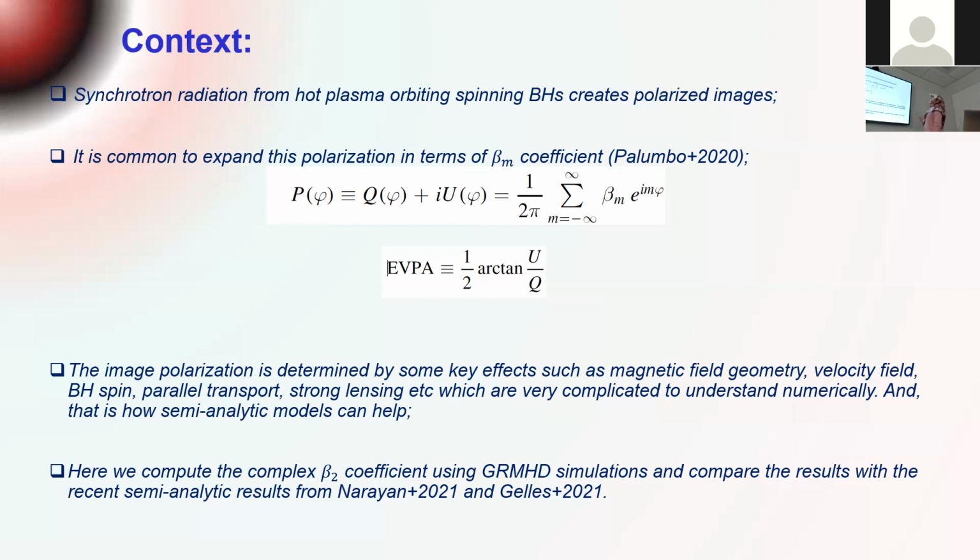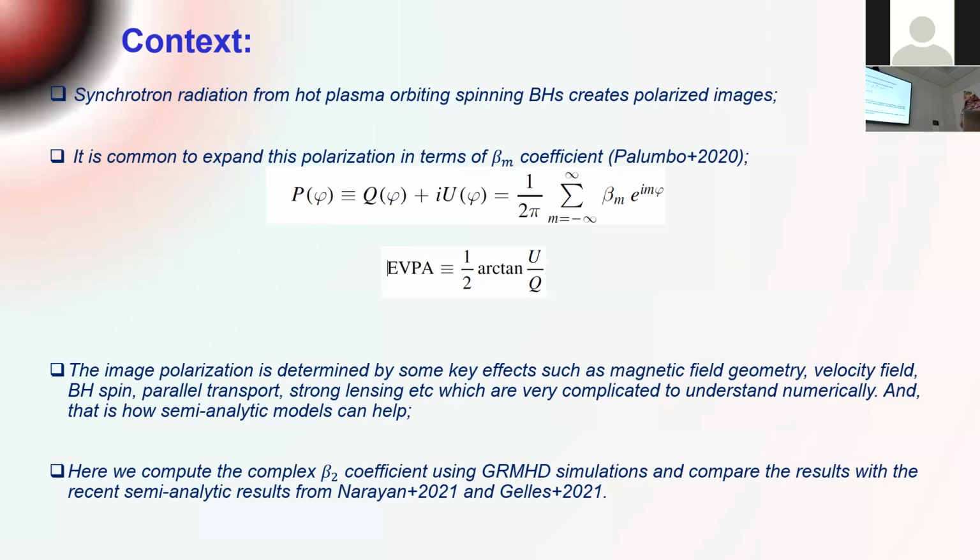So again, no confusion. This is beta_2. This is the phase of the linear polarization expansion. And we are going to use that. But why is this so essential? Because this polarization image is determined by many different key effects. For example, magnetic field geometry, velocity field, black hole spin, polarized transport, strong lensing, and so on and so forth, which are very complicated to understand numerically.